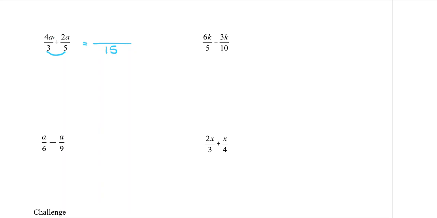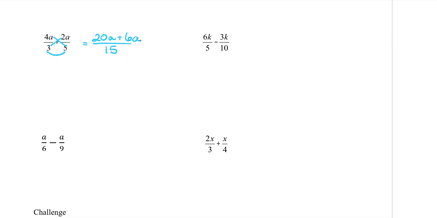Start with the top left and multiply diagonally. 4a times 5 makes 20a. We're adding again, so plus sign. Do the other diagonal. 3 times 2a. 3 times 2 is 6, so 6a.